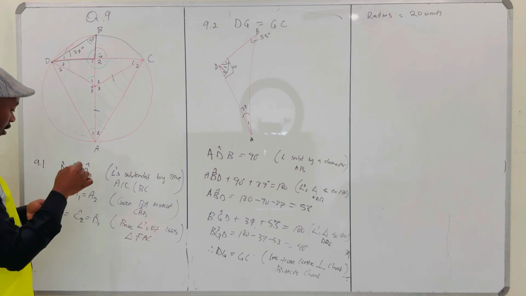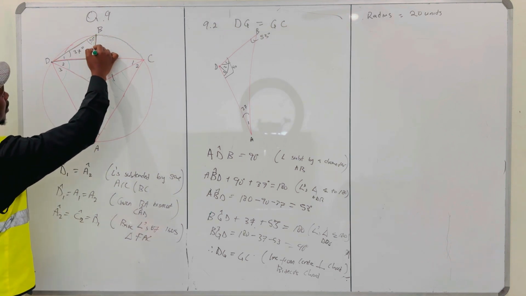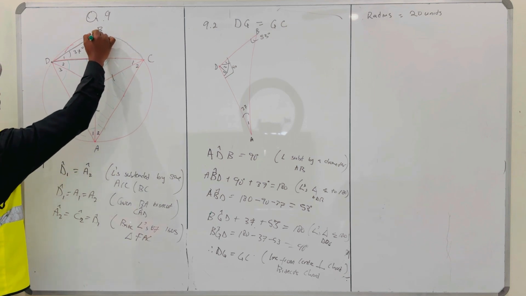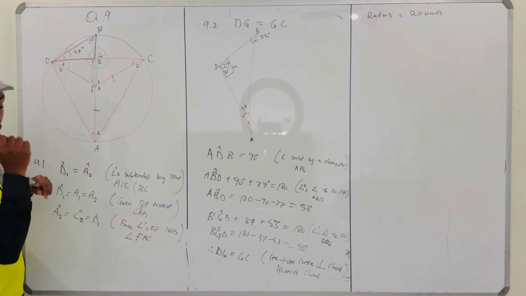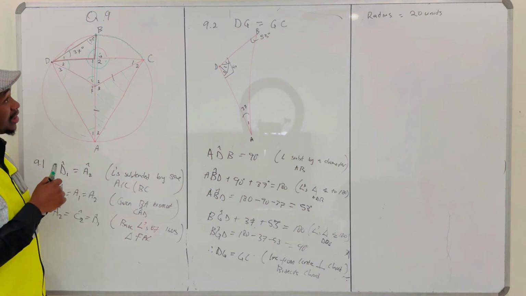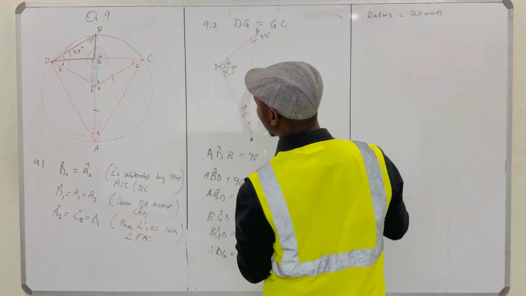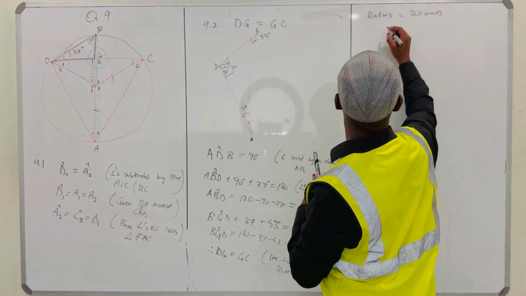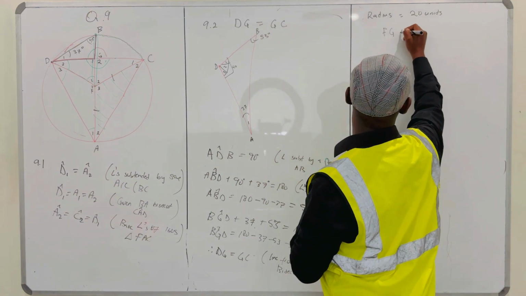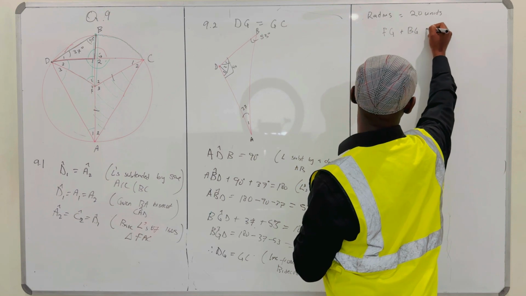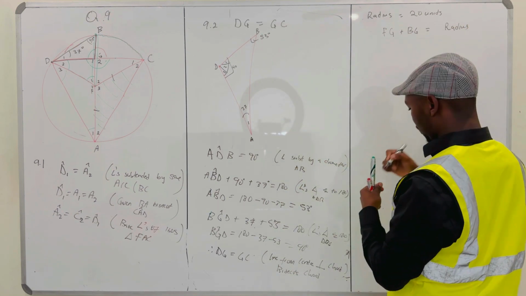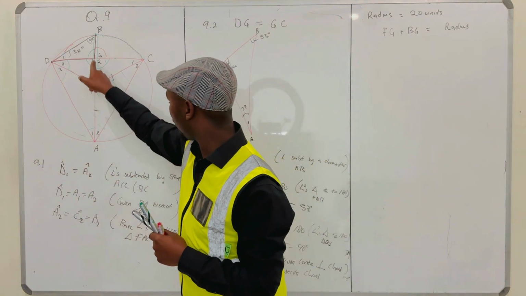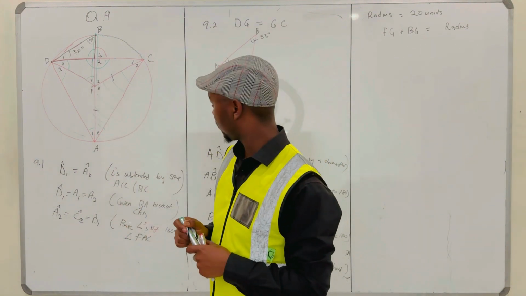So if you look, if we add BG and GF, we are going to form a radius. So we can already tell that if we can find the length of FG, then FG plus BG should give us the radius. So we can change the target to finding the length of FG.